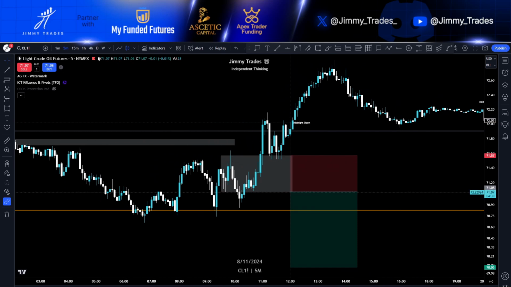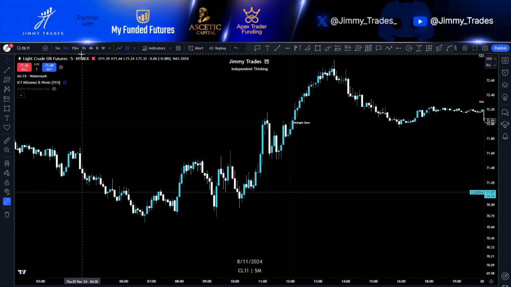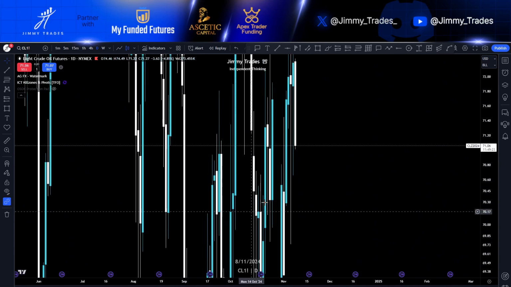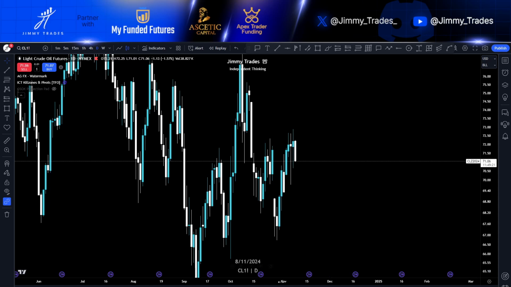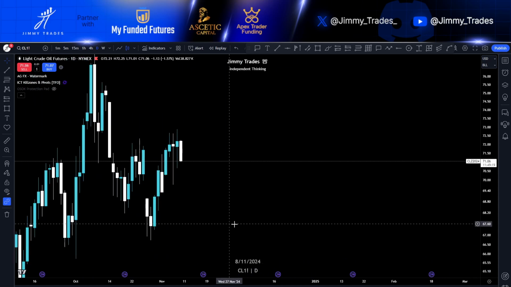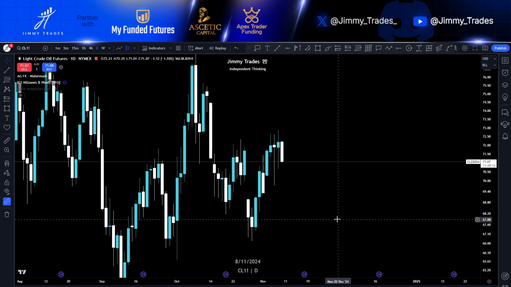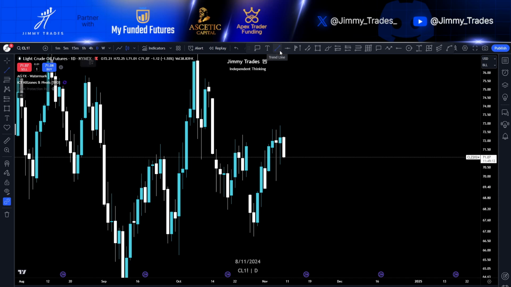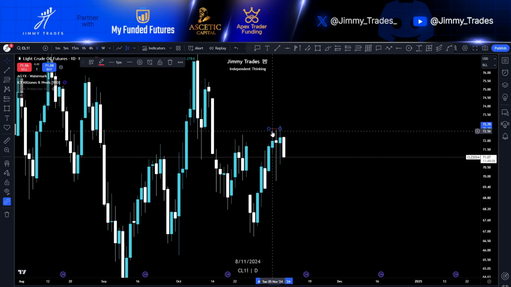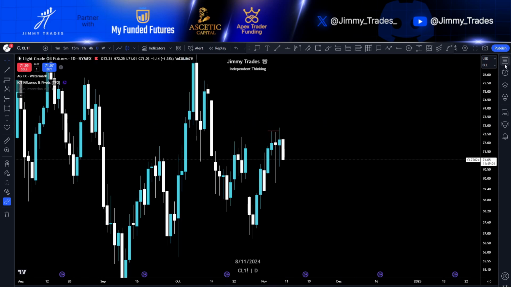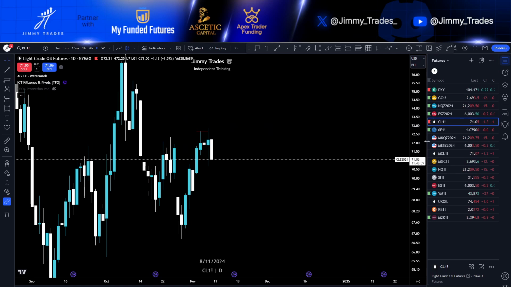Let's go back out to the daily and let's see what price is doing today. Again, we've had a sweep of a high that is aligned with this internal FVG.